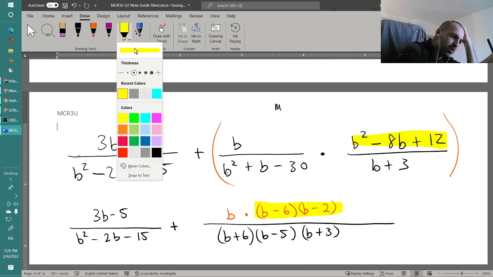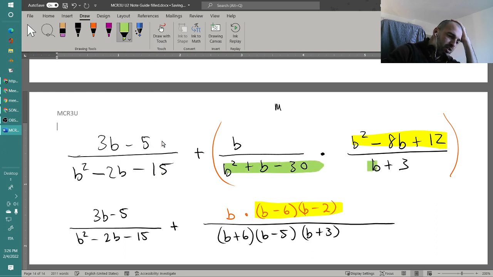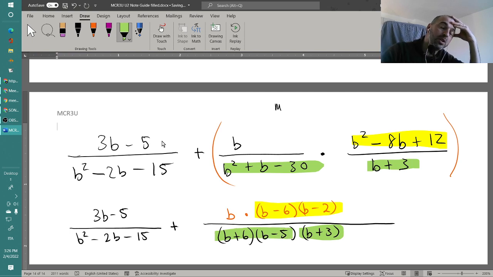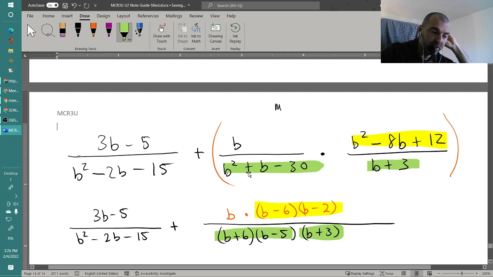All right, so where does all that come from? Remember in our previous section, when we multiply things, we multiply the numerator and the denominator. So I multiplied this denominator with this denominator, and I multiplied this numerator, b, with this numerator here.